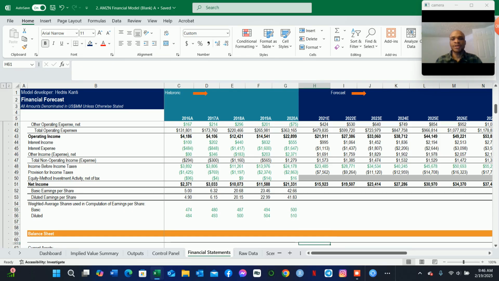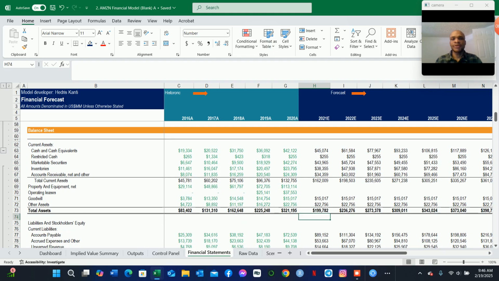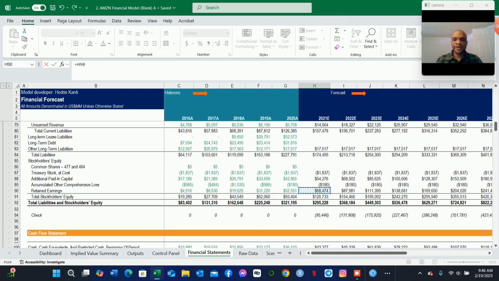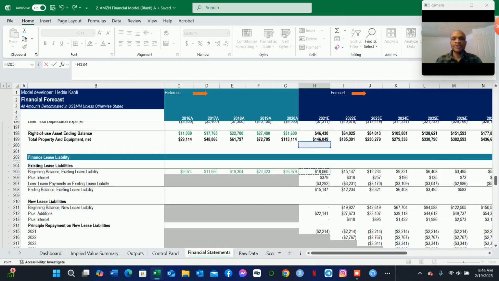So let us complete the other part of the model, what was left. So we go to the balance sheet section, and here we see that we have the property, plant, and equipment. We already summarized this at the bottom of the supporting schedules under the finance leases.